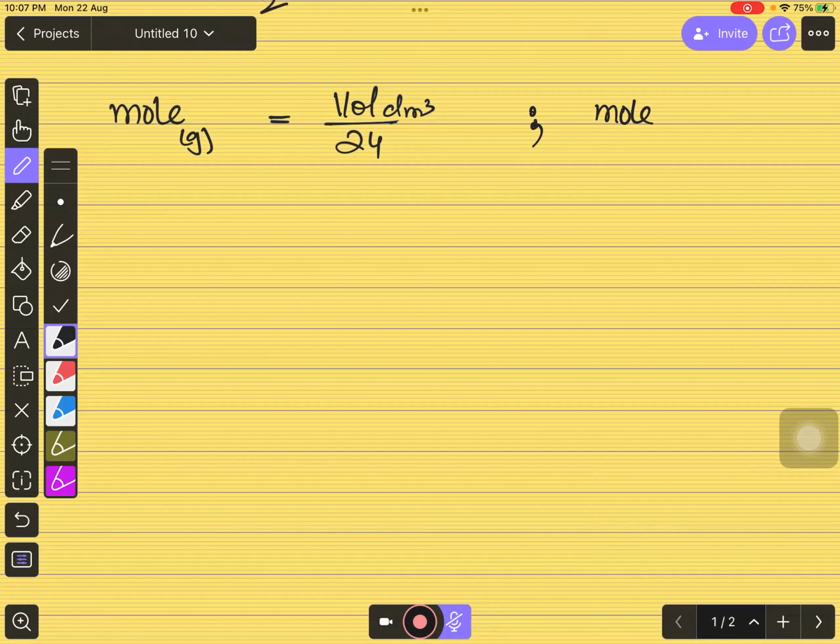In this way you can find out the moles of gases, right बच्चों? Is it right or not? Yes, sir.